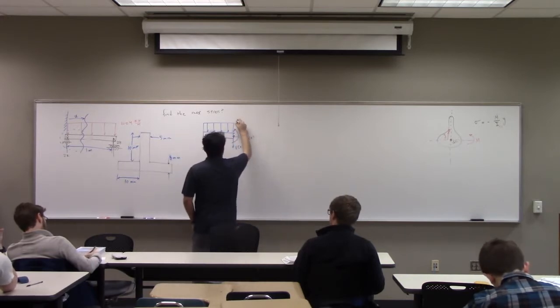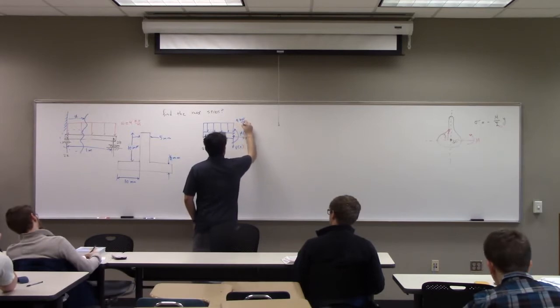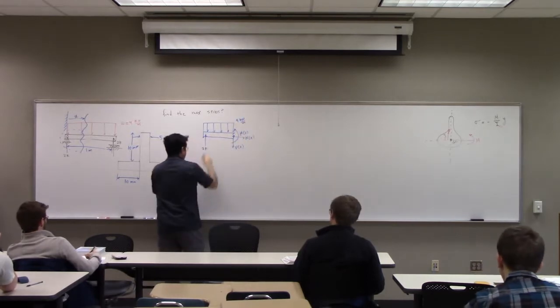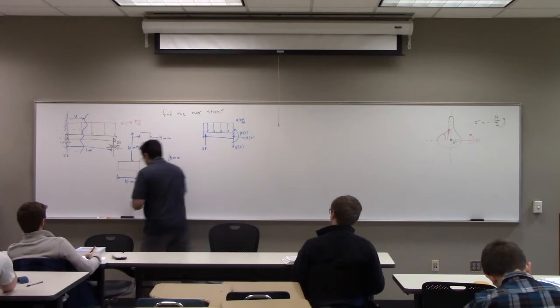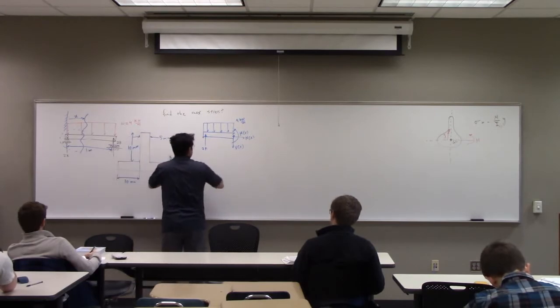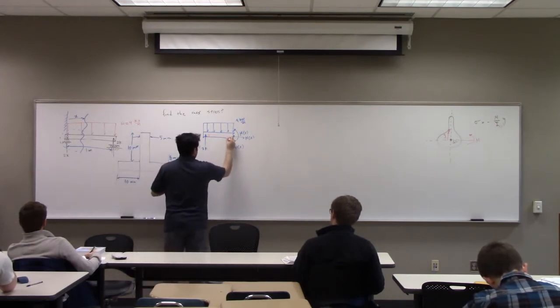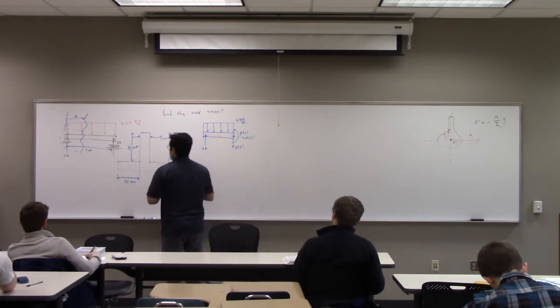This is 4 kilonewton per meter. But what is this distance from here to here? It's equal to x. From here to here is equal to x.